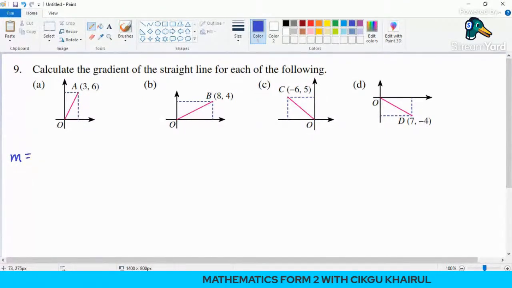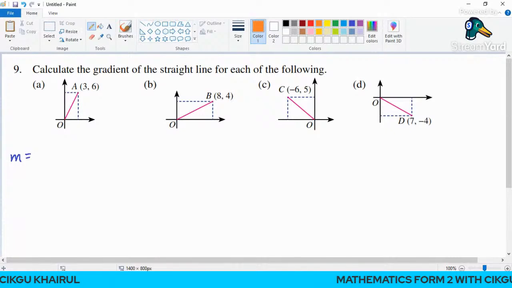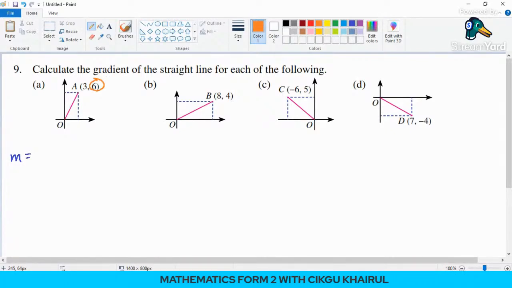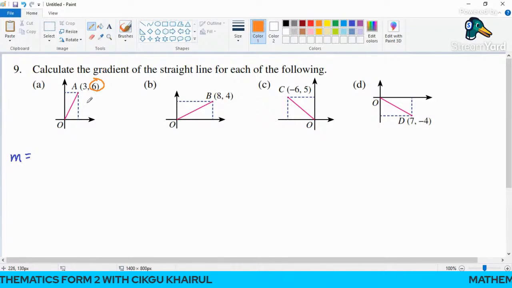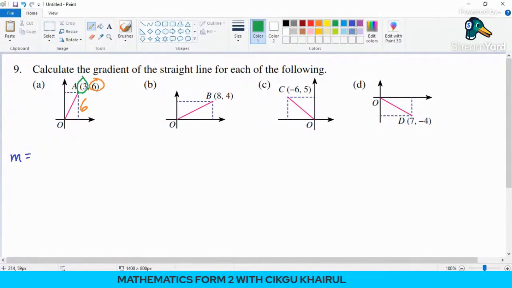Okay, so before you answer, we need to know the vertical distance and the horizontal distance. Vertical distance we refer to y. So actually the vertical distance, the height, is 6 units. While the horizontal distance we refer to x.